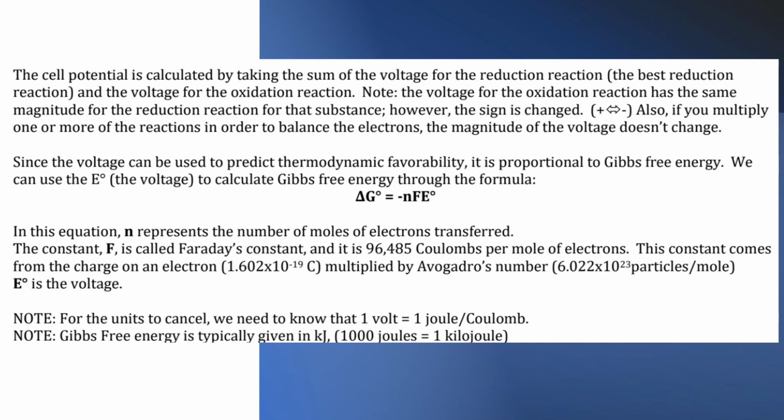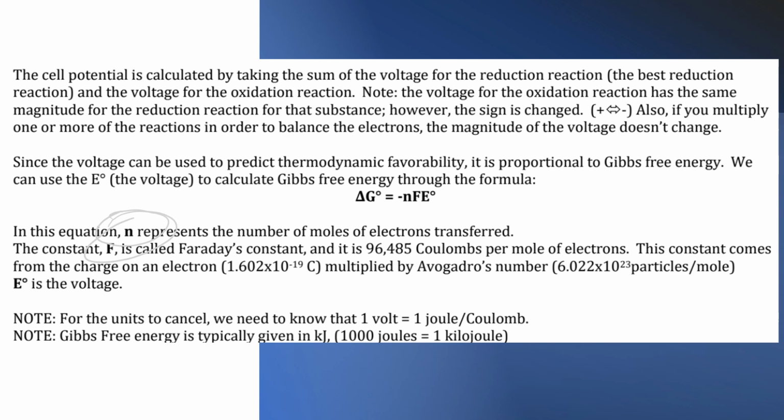We can use the E0, the voltage, to calculate Gibbs free energy through the formula delta G0 equals negative N times F times E0. N is the number of moles of electrons that are transferred. F is called Faraday's constant, and it is 96,485 coulombs per mole of electron.